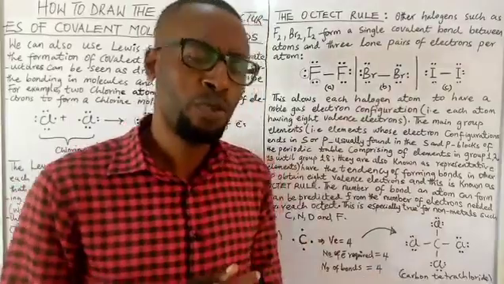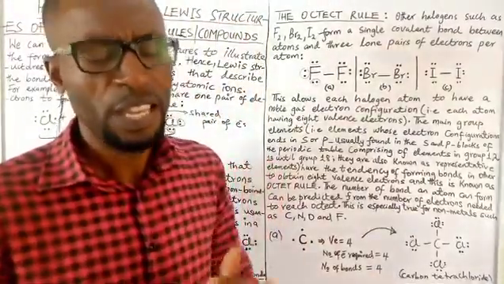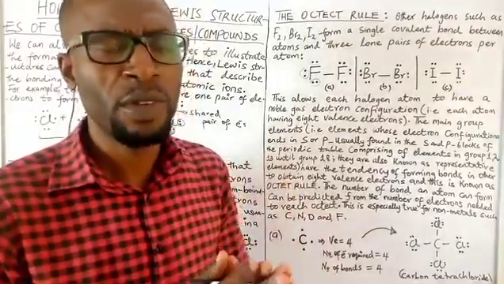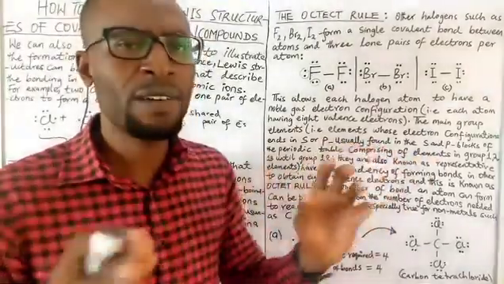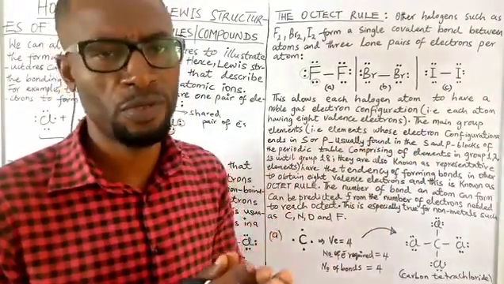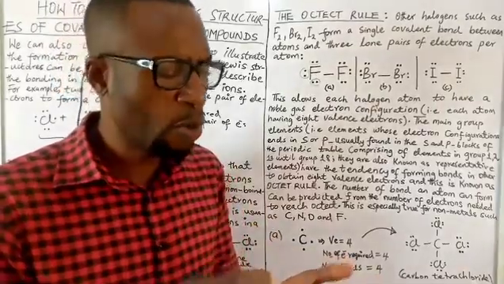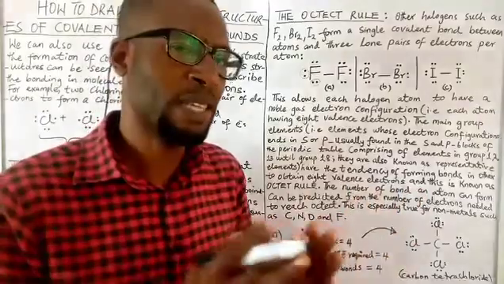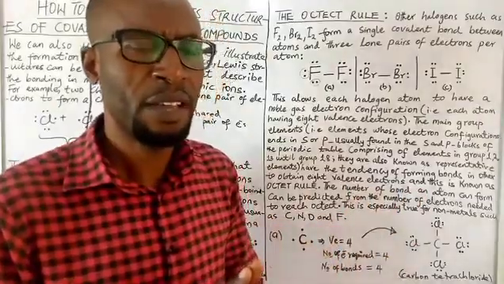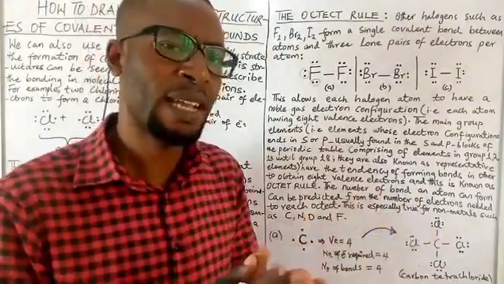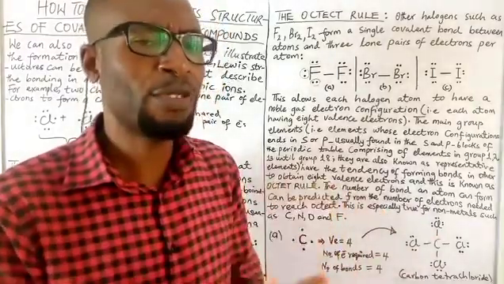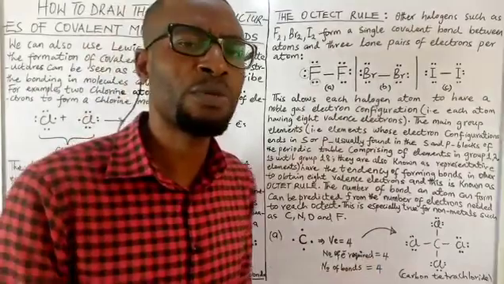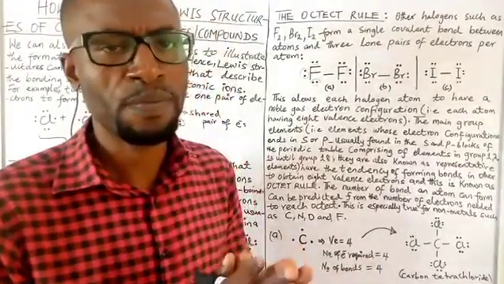When you come to the periodic table, you will discover that elements are placed into special classifications or groups. We have what we call the main group elements, also known as the representative elements. Of course, these are elements whose electron configuration ends either in the s orbital or in the p orbital.